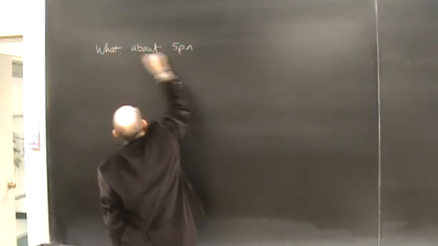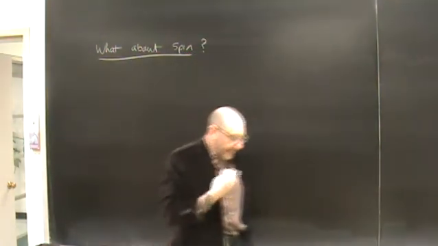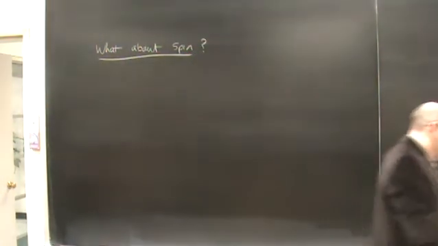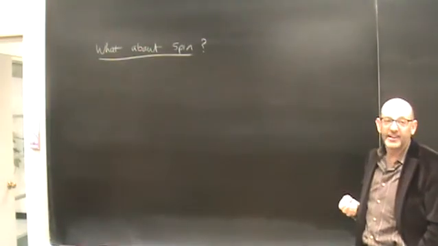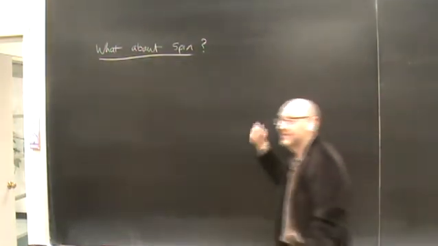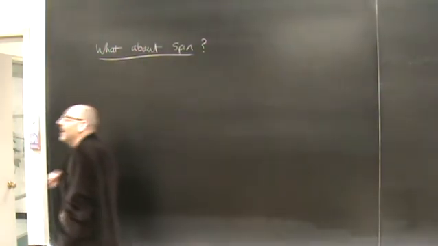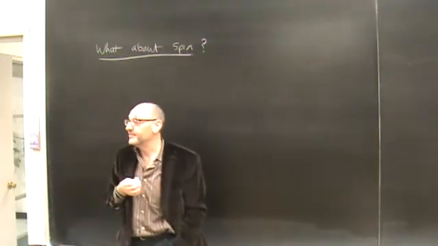Well, that's a tricky business, because to really talk about fundamentally how spin interacts with electromagnetic fields requires relativistic quantum dynamics, because spin, it turns out, is deeply tied into relativistic symmetries.